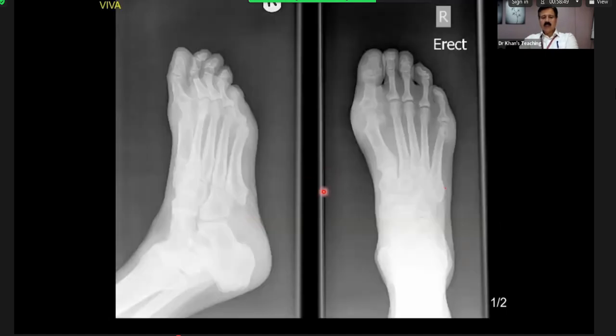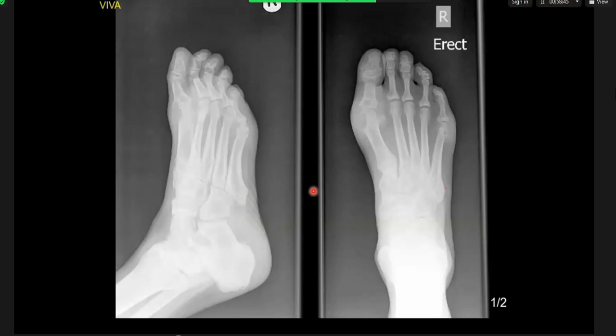This is the last film, then I'll give you a 5-minute break. So it's a DP and oblique view of the right foot, which is demonstrating a punched out erosion at the first metatarsal and also the proximal phalanx of the first digit, the big toe.